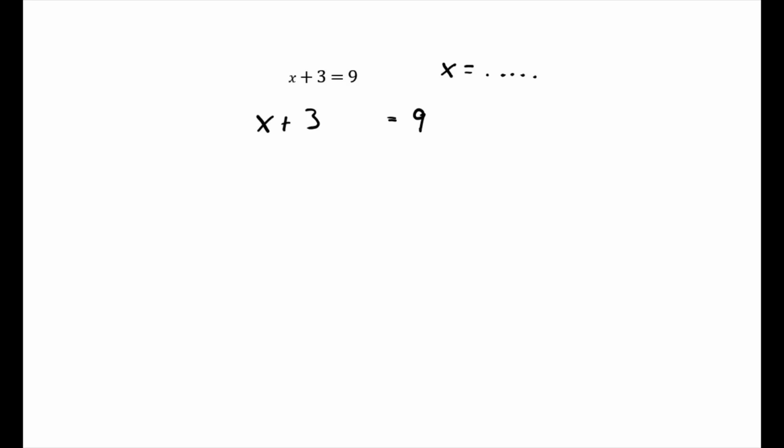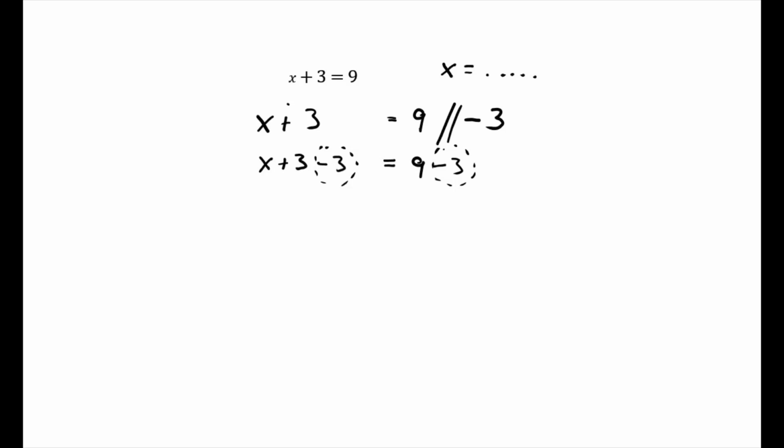What we need to do is the inverse mathematical operation of plus, that is minus, and we take this number, -3. So on the left hand side we've got x plus 3 minus 3 equals 9 minus 3, because what we do on the left hand side we also need to do on the right hand side.